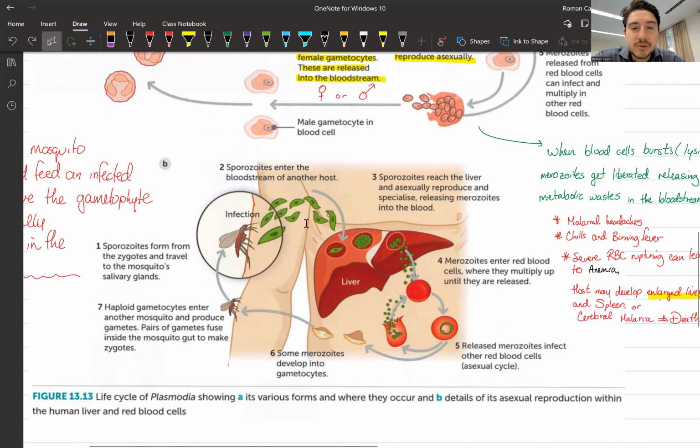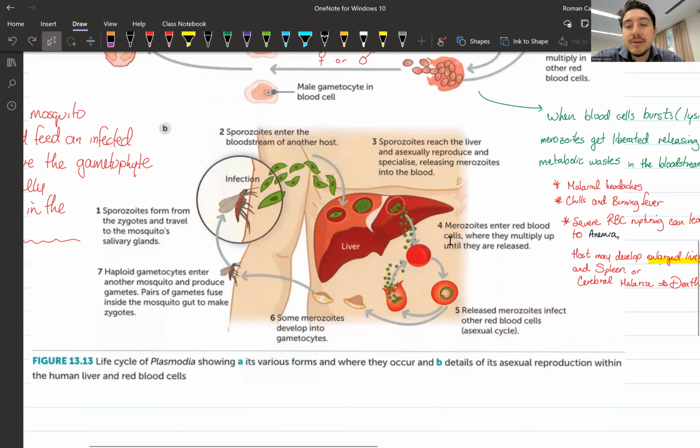You have these sporozoites. They come in, incubate in the liver, multiply, sexually reproduce, mature, release these merozoites. Merozoites enter red blood cells.